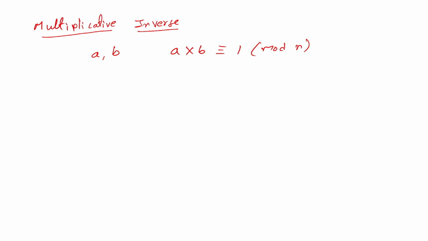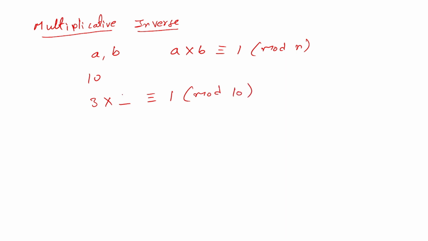Here A into B is congruent to 1 mod n. Okay, suppose for example, if you take the modulus value, what is the multiplicative inverse of 3? 3 into some value must be congruent to 1 mod 10.